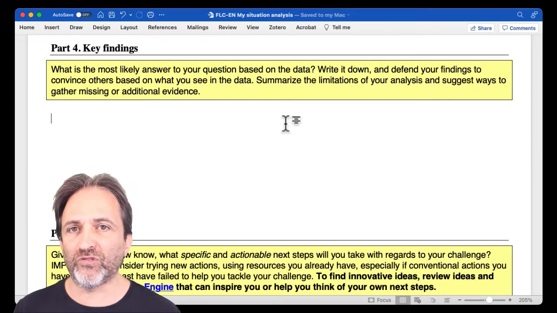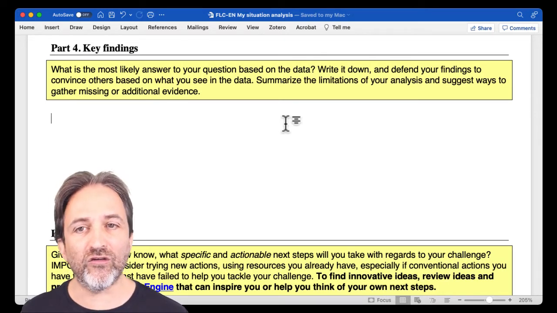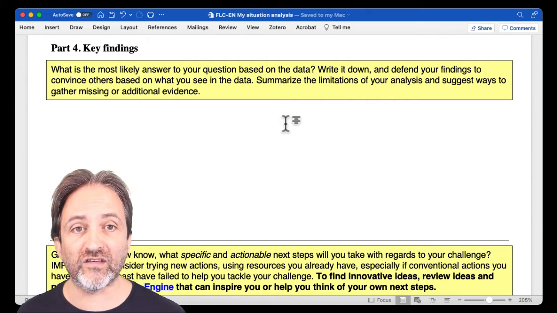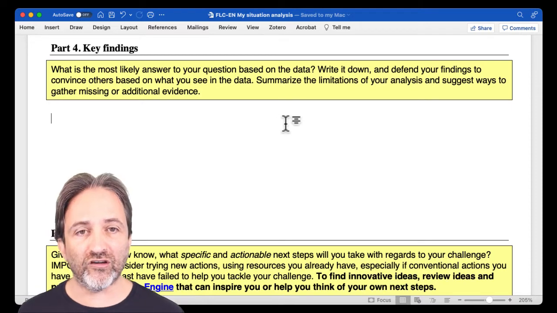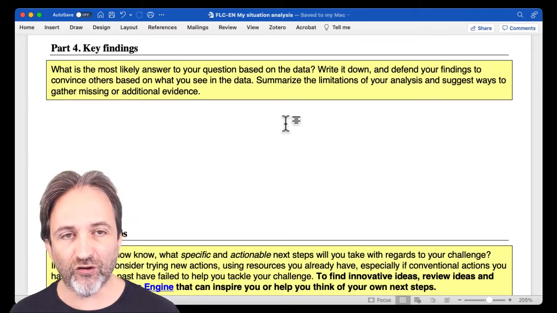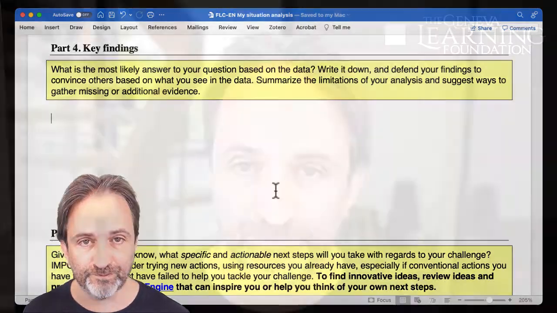But really the main point is, tell us what you found, not only what you thought you knew. If you've confirmed that, great. Convince us that what you thought you knew is correct and is now supported by what you know about your situation and by what the different data sources have told you. So the key findings is the most important section in the situation analysis.